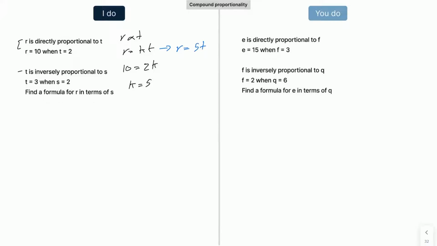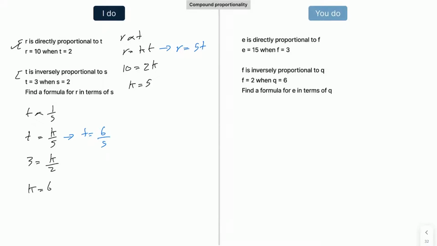And now look at this one down here. So that one's done. T is inversely proportional to S. Sub that value into here. So that's going to be T is equal to 6 over S.